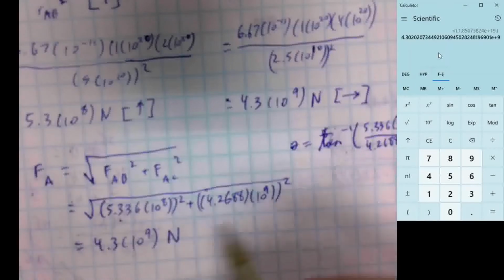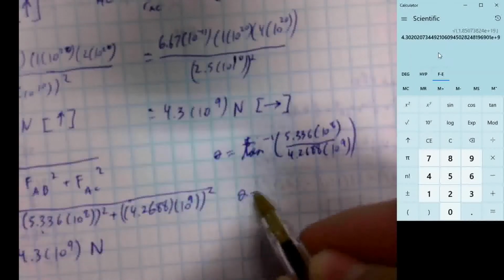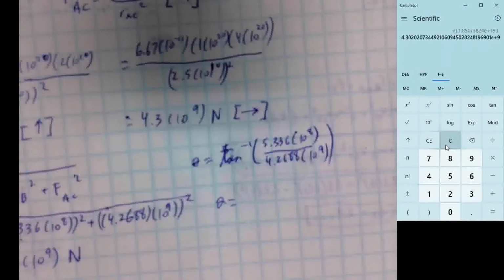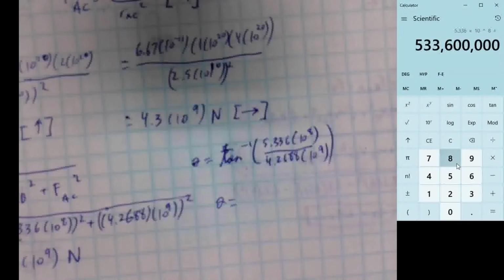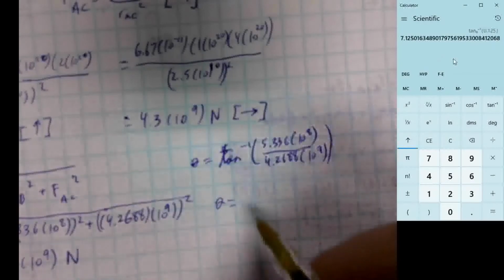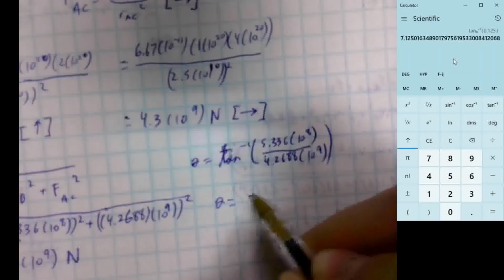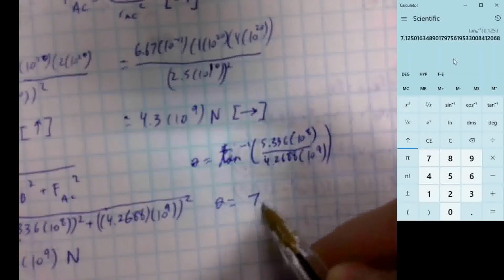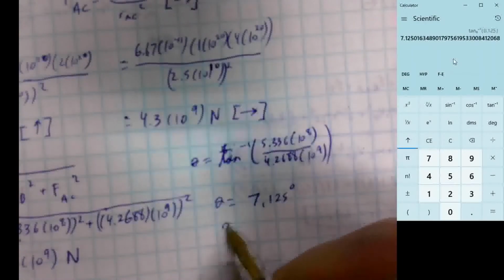I now have to find out the direction. So my angle is going to be 5.336 times 10 to the power of 8 divided by 4.2688 times 10 to the power of 9. So this value, inverse tangent of that, gets me to 7.125 degrees.